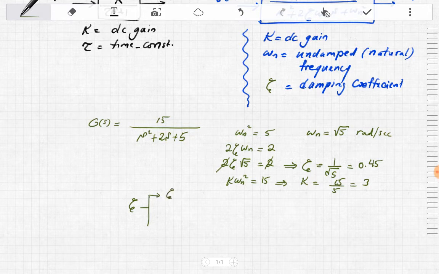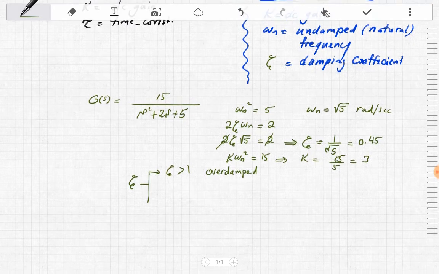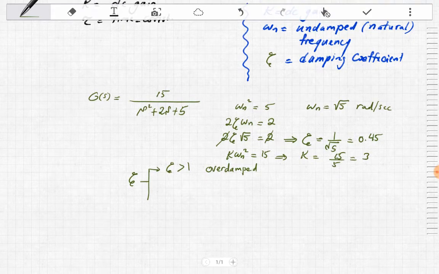If eta is greater than 1, what do we call it? Overdamped. We explained that before. When eta is greater than 1, it means overdamped. What does overdamped mean? It means that you have 2 real roots, and the response of the unit step will look something like that.